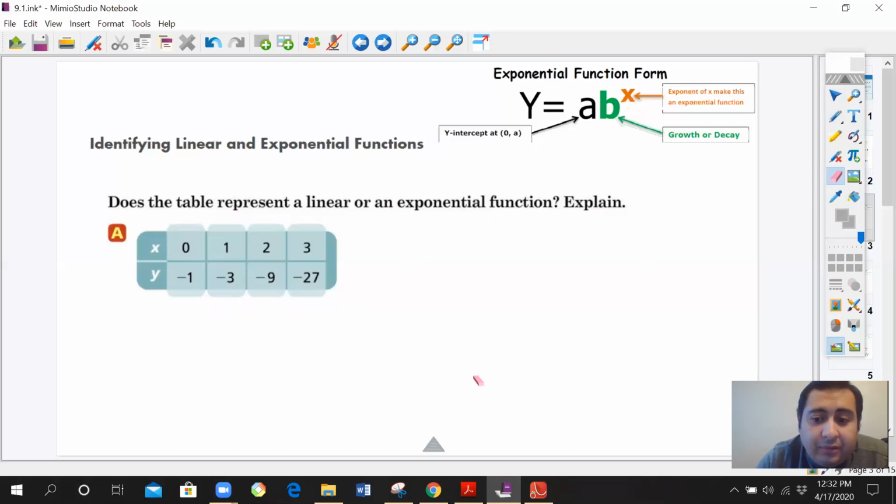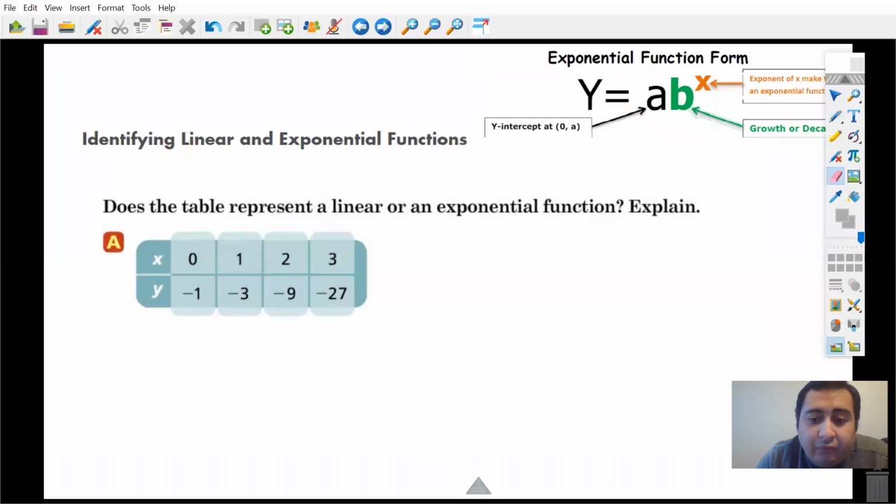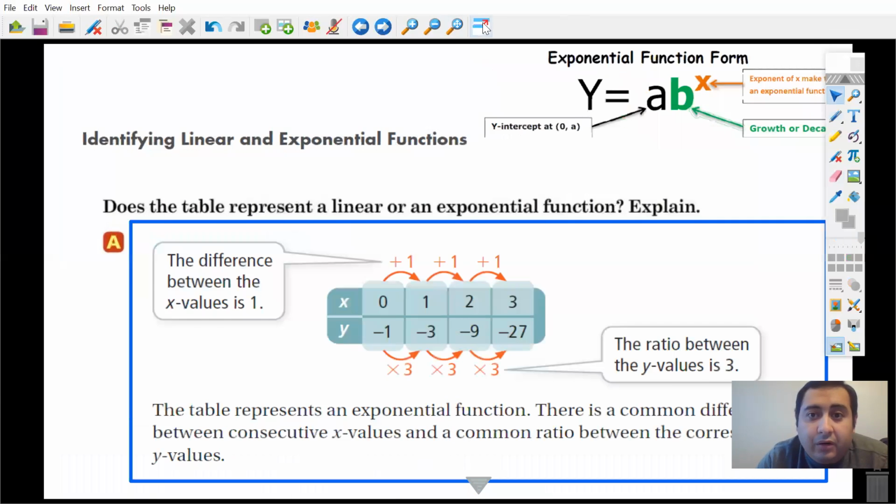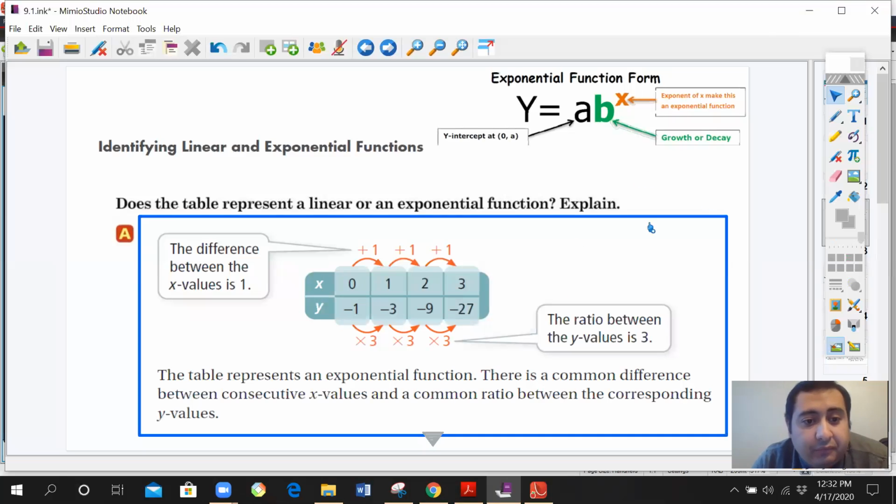All right, so let me go ahead and provide you the information to this. As you can see, the difference between the x values is 1. The ratio between the y values is going by 3s.